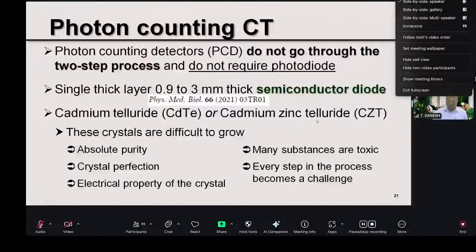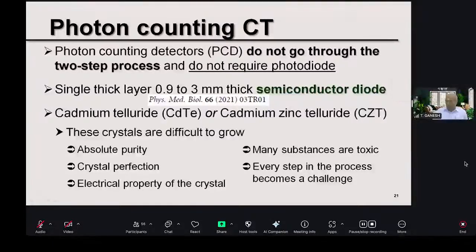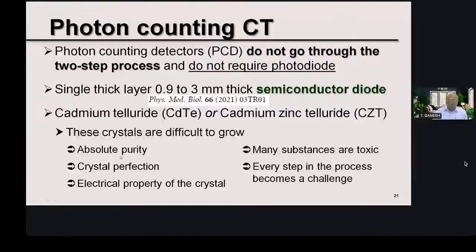Now, these crystals are very difficult to grow for many reasons. Number one, there is a need to keep absolute purity while growing these crystals. Number two, crystal perfection. You need to grow them perfectly and make sure that the electrical property of the crystal is not altered.